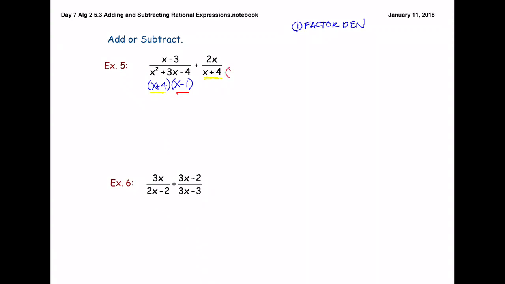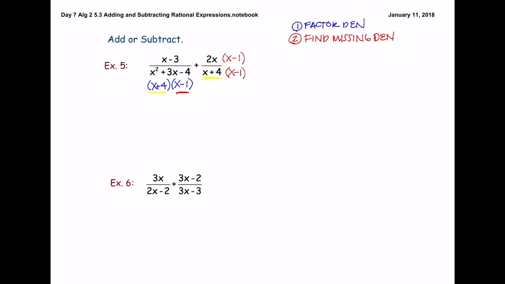So for our common denominator, we want to multiply by x minus 1 on the right hand side. So we found the missing pieces, the missing denominators, and we multiplied by those.